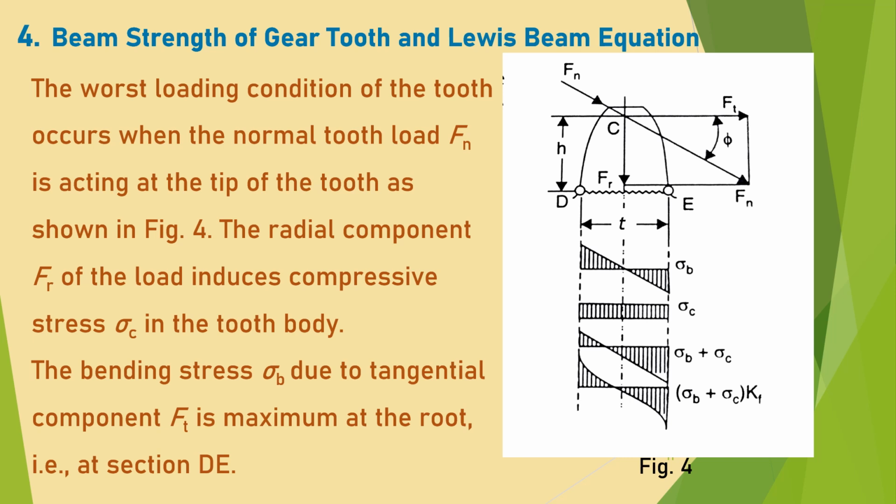The third curve shows the combined effect of bending and compressive stress. In the fourth curve, the bending stress and compressive stress have been multiplied by factor Kf, which is known as stress concentration factor, and I shall discuss the stress concentration factor later on.